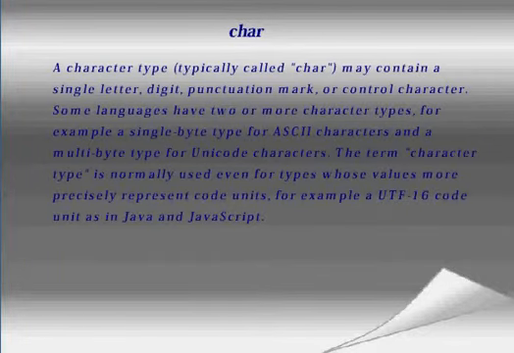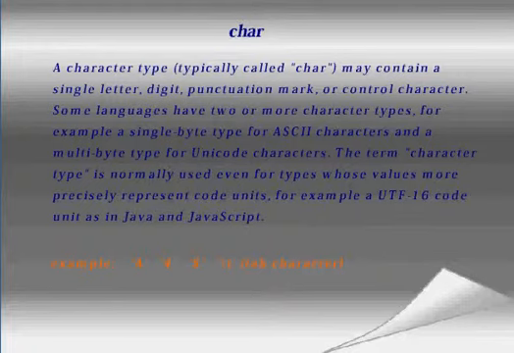Char. A character type, typically called char, may contain a single letter, digit, punctuation mark, or control character. Some languages have two or more character types, for example, a single byte type for ASCII characters and a multi-byte type for Unicode characters.